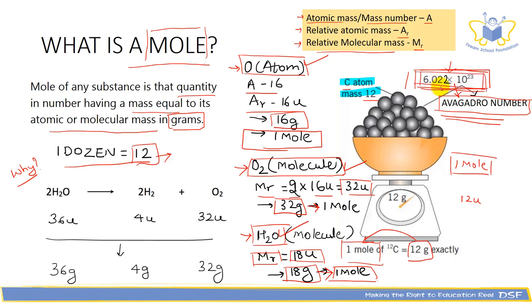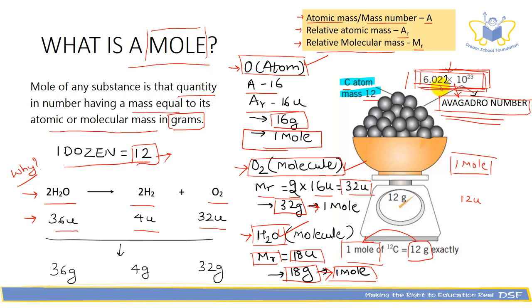So let us take an example. Two molecules of water will split into two hydrogen molecules and one oxygen molecule. If we consider it in unified mass, then it just means that 36 units of water is going to give me 4 units of hydrogen and 32 units of oxygen.